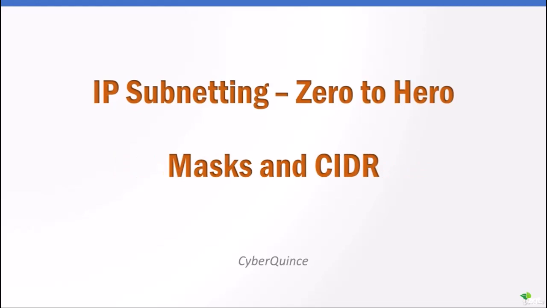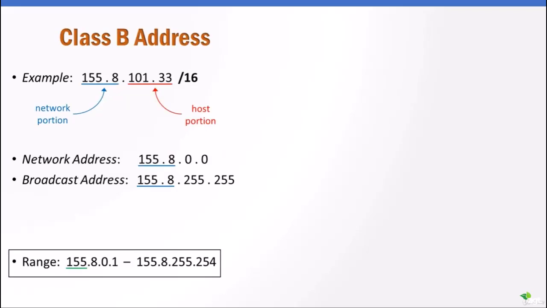As promised, in this lesson, we're going to talk about CIDR. CIDR stands for Classless Interdomain Routing, and we're going to start with an example right away. So we're going to use a Class B address from the previous lesson, and what we're going to do is just change its mask.